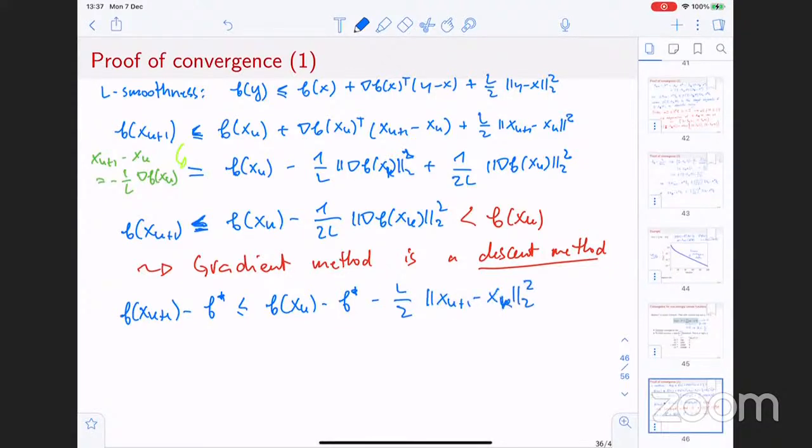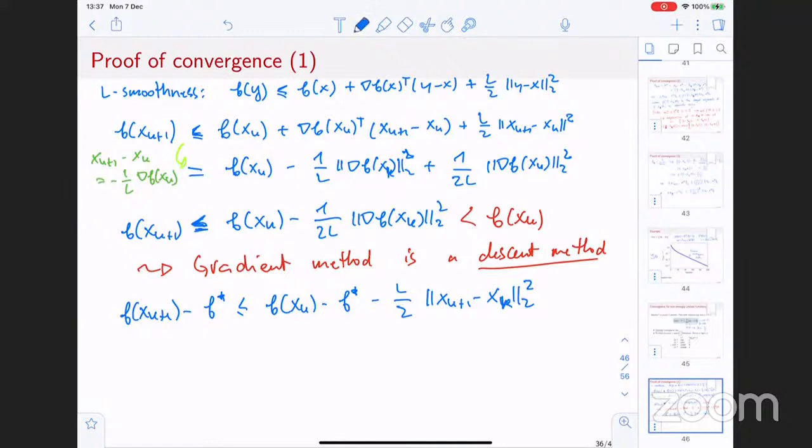Compared to before, I have replaced the gradient of f at xk by L times xk plus 1 minus xk. This will be useful, I will need this expression later on.